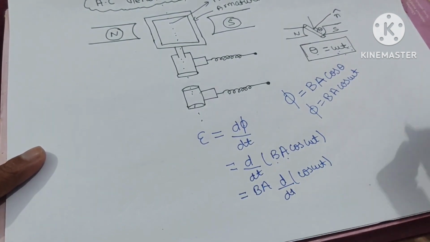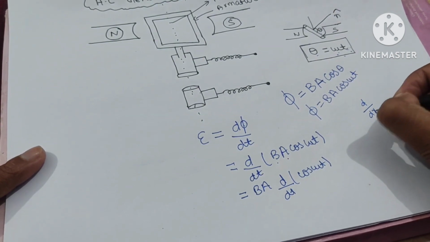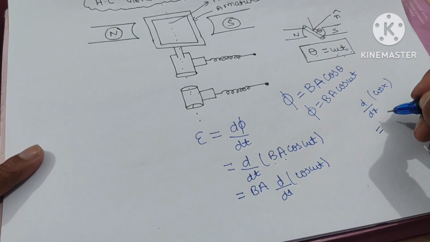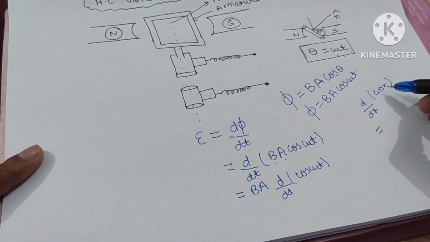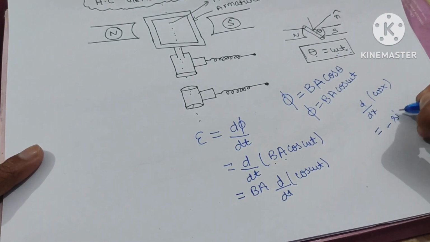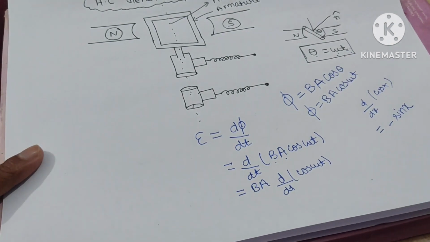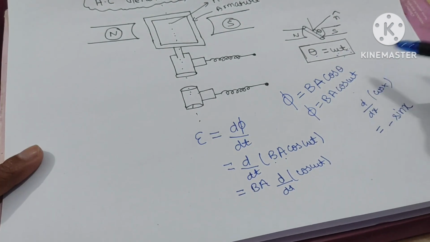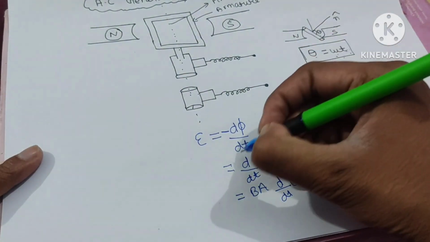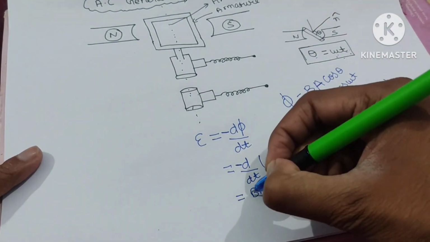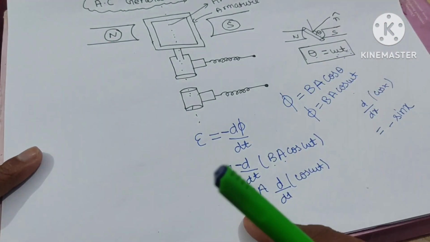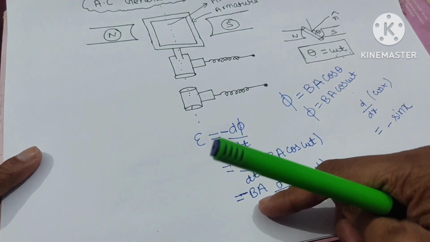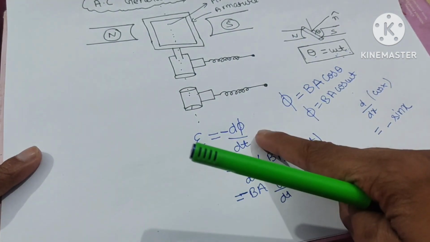We know the differentiation of cos x is minus sin x, and the differentiation of sin is cos x. So that is a form of Faraday's second law.